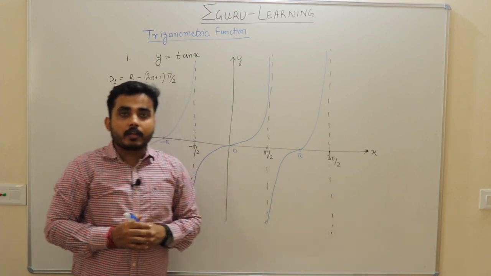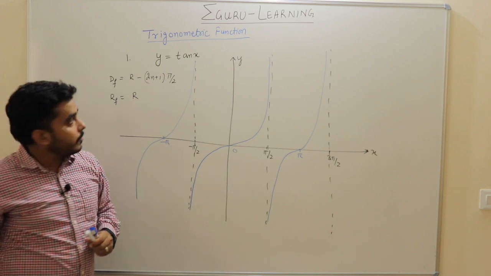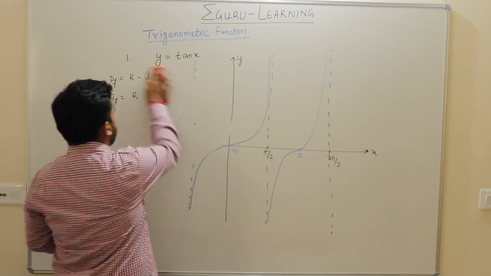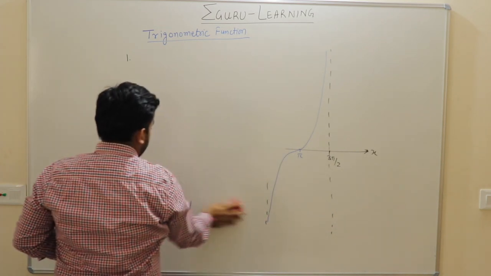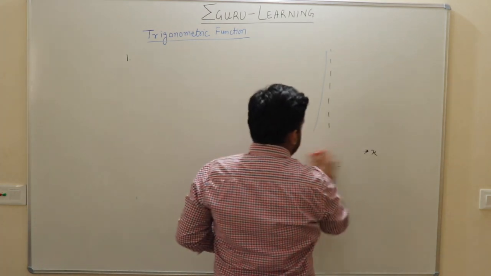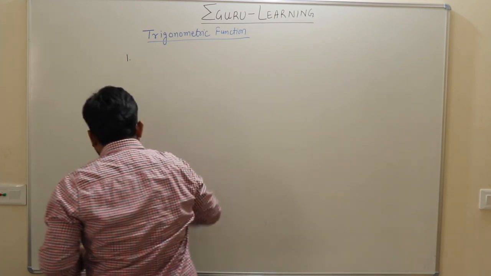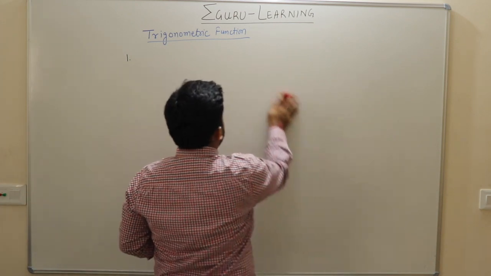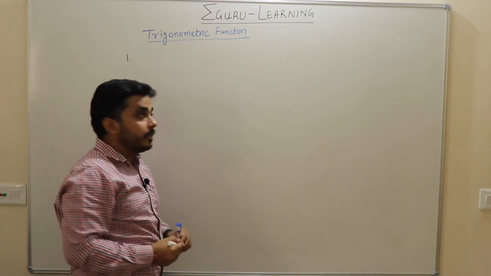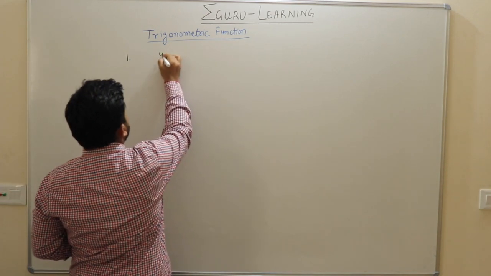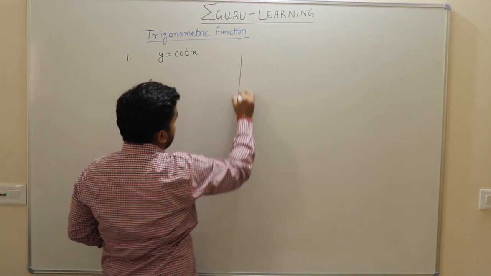Now let us move to the graph of y equals cotangent of x. So quickly we will see the graphs of trigonometric functions, then we will jump to the important questions based on these trigonometric functions, that is important from the point of view of JEE Mains and Advanced. Now we will see y equals cotangent of x.